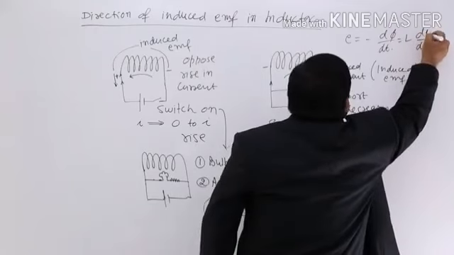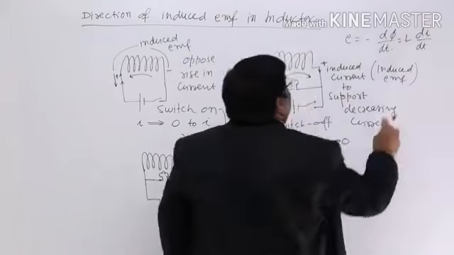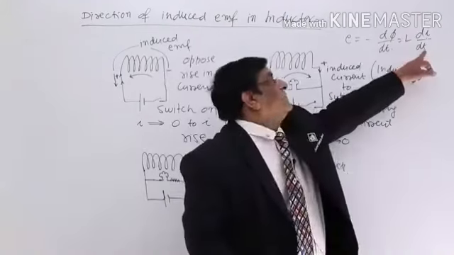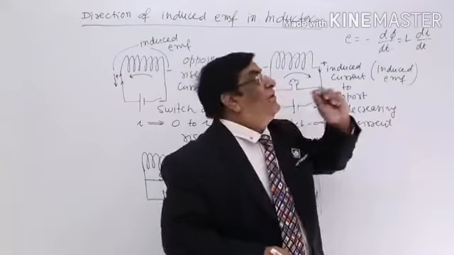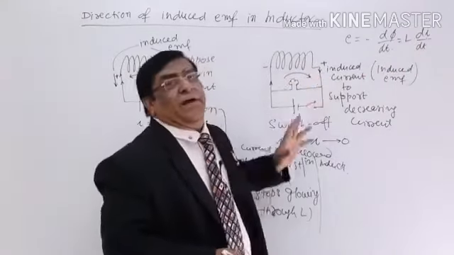Now when we switch off, this is di, current. When we switch it off, this dt is very small. Switch off, the current becomes 0. If this dt is very small, then E induced is very high.